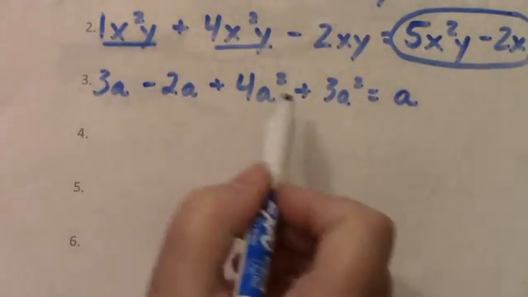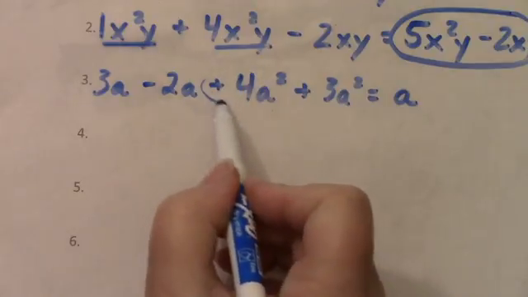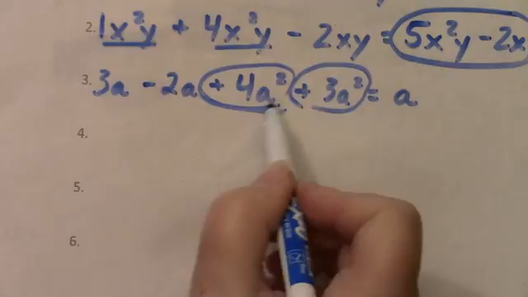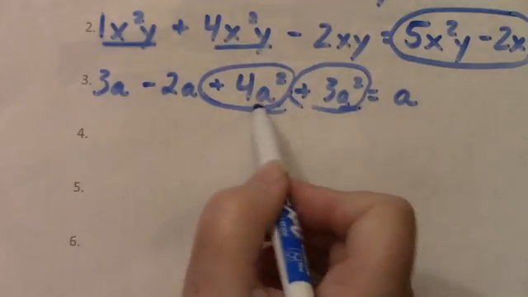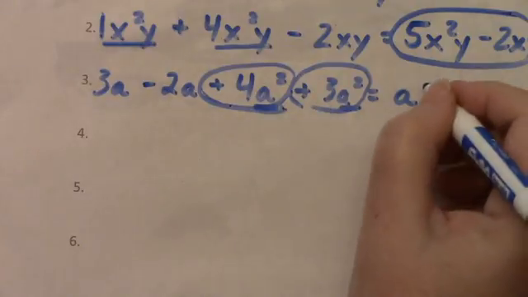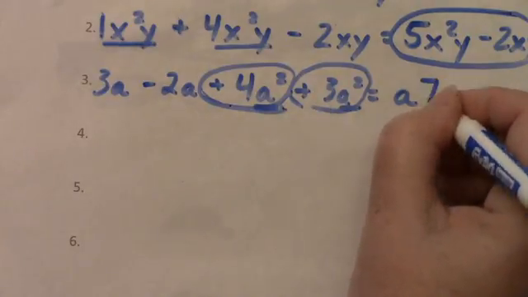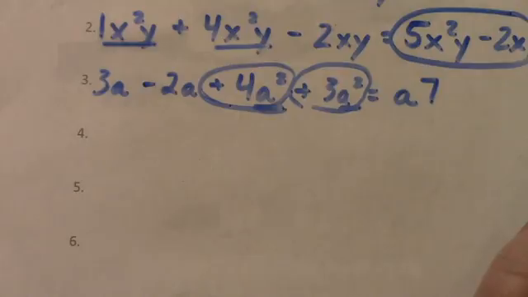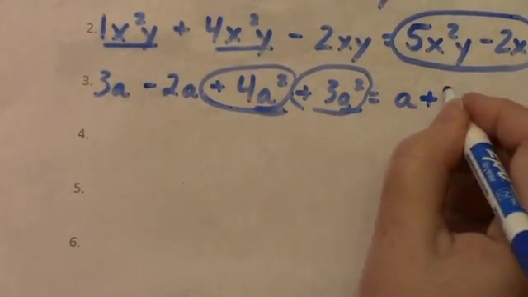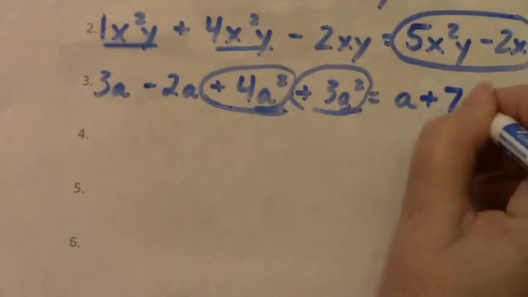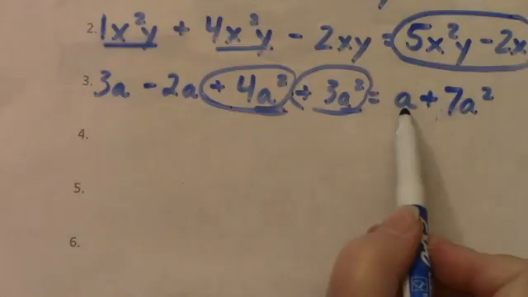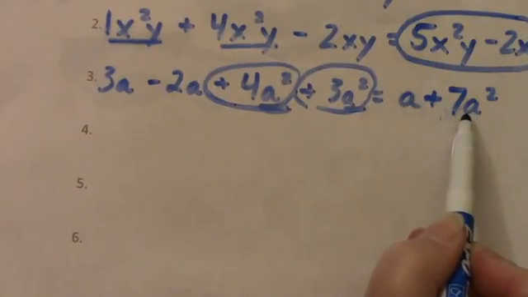And then I have a positive 4a squared plus a 3a squared. Well, a squared and a squared are the same, so I'm going to take my 4 plus 3. So that gives me a positive 7a squared. I can't add these up any more than that because a is not the same as a squared.